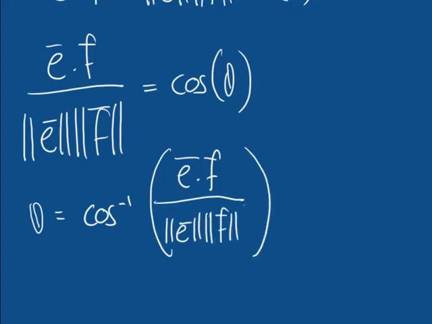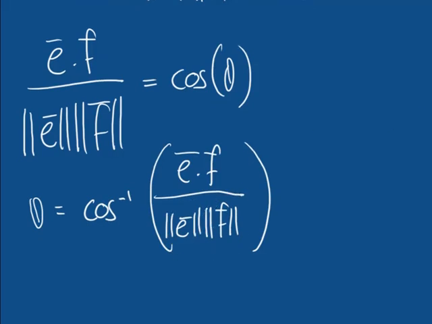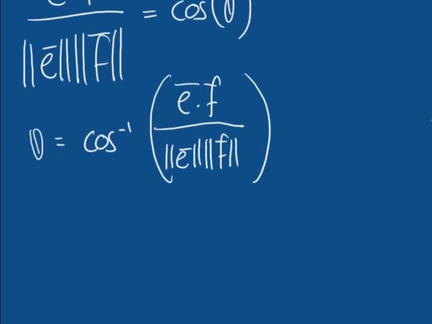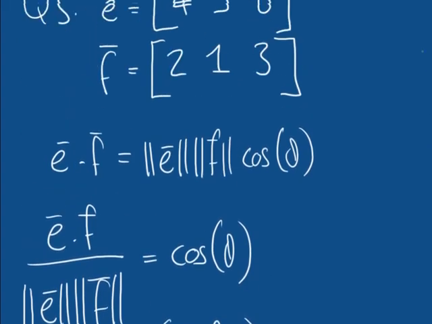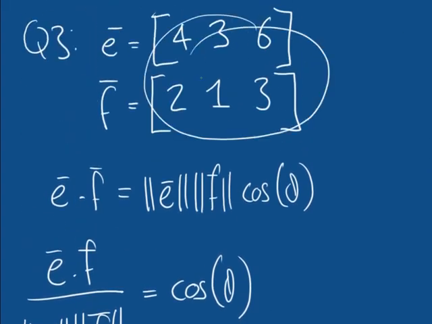So now that we've rearranged that, I ask you to find this angle theta. To do that, we're going to need to calculate e dot f, the length of e, and the length of f. So let's start by calculating e dot f. We can do this using our component form of the dot product definition.